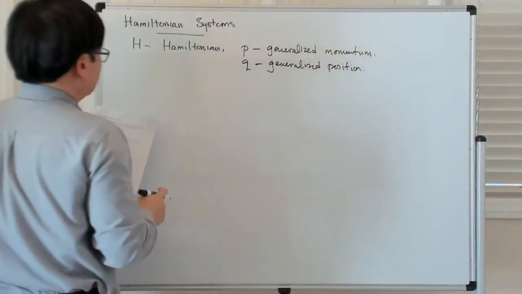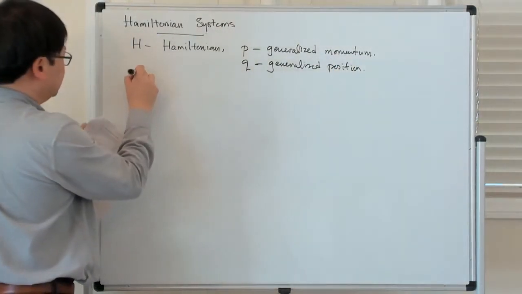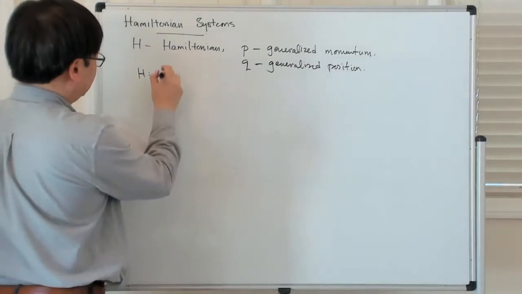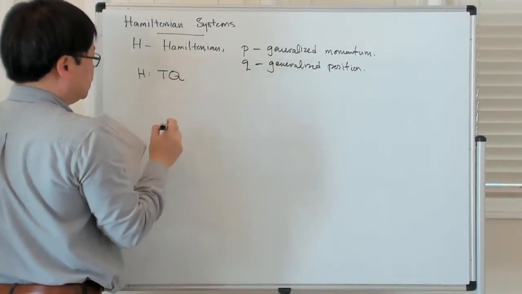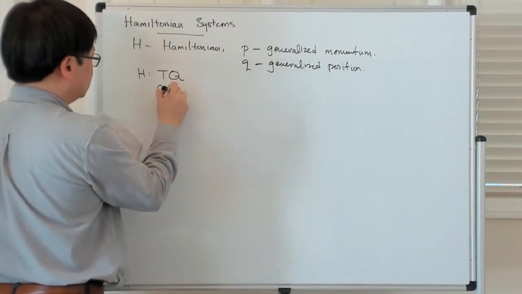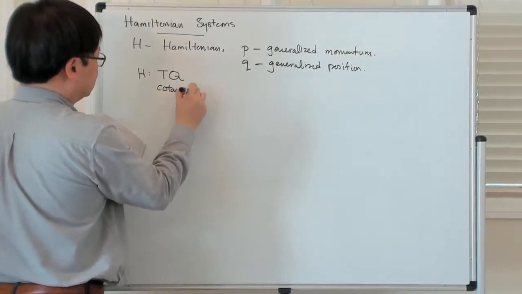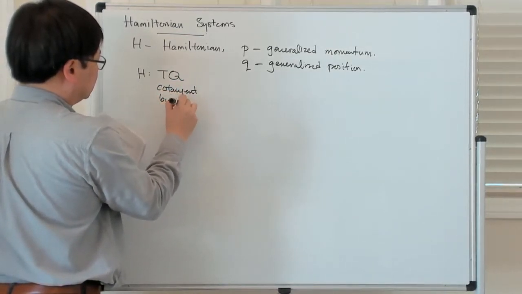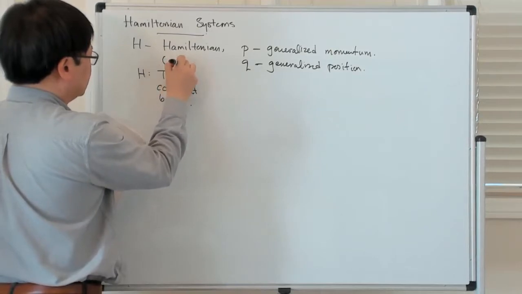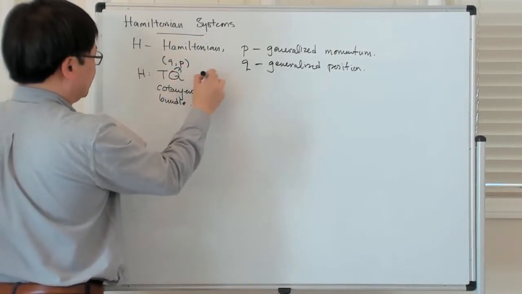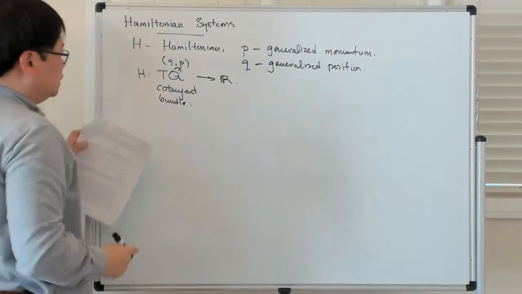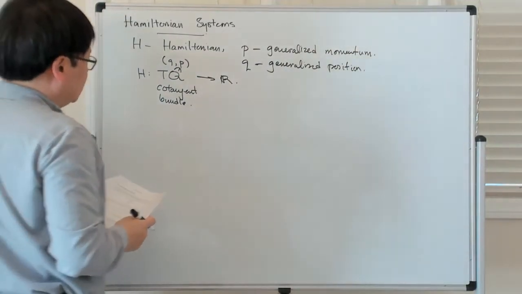So the Hamiltonian is a scalar valued function on what's called the cotangent bundle, which has local coordinates Q and P. It's a map from T*Q to the reals.